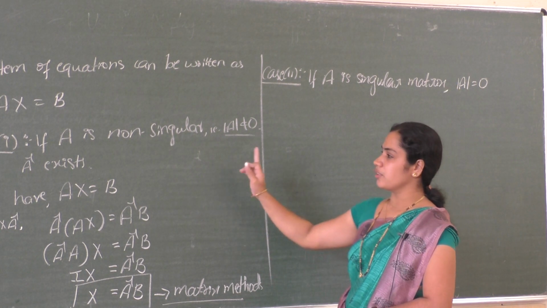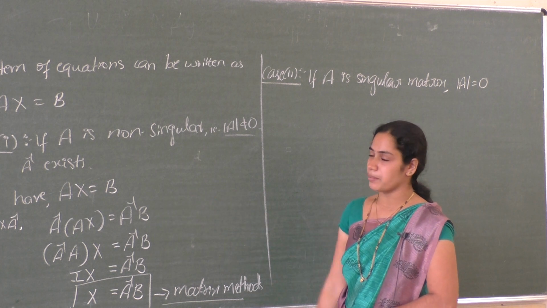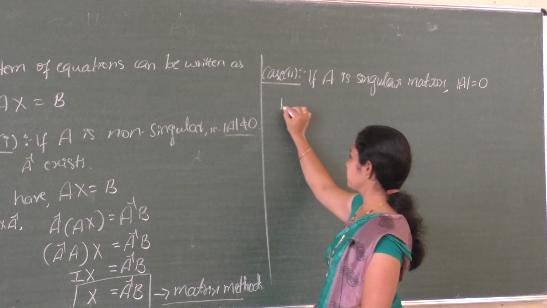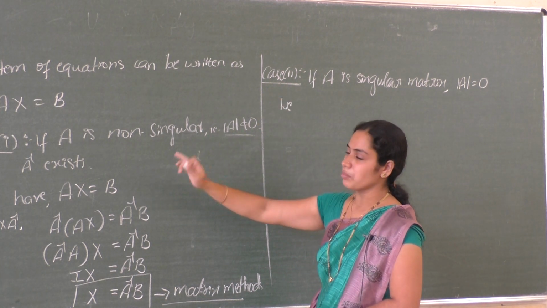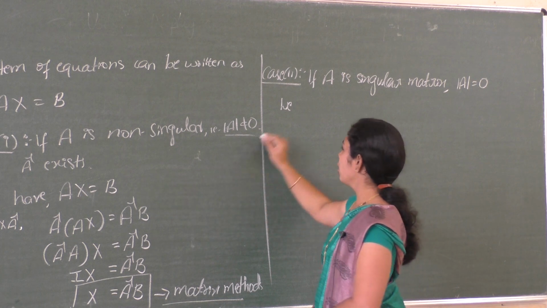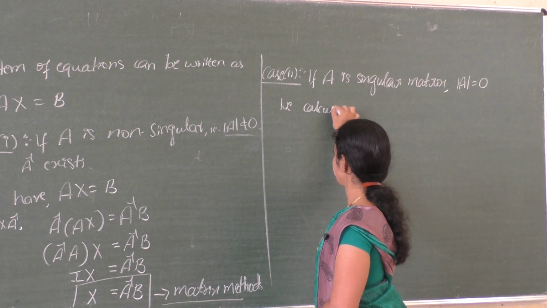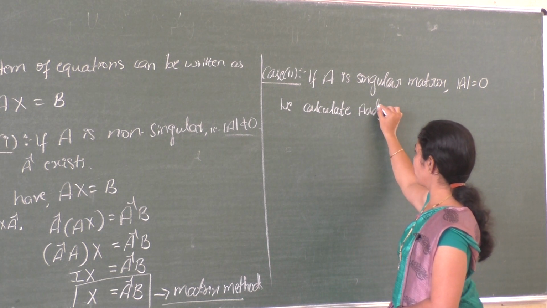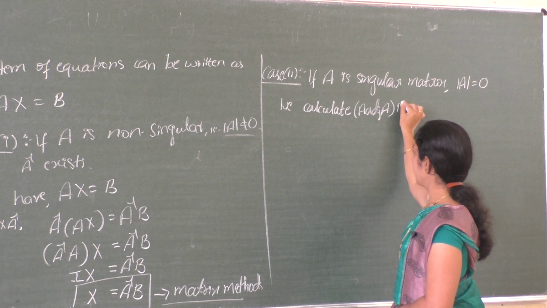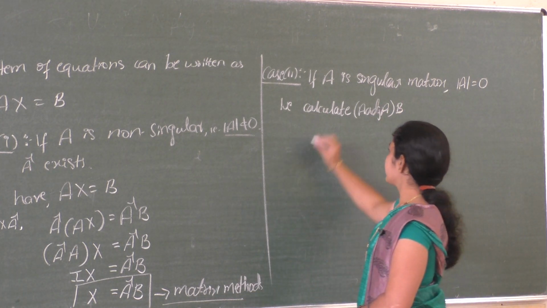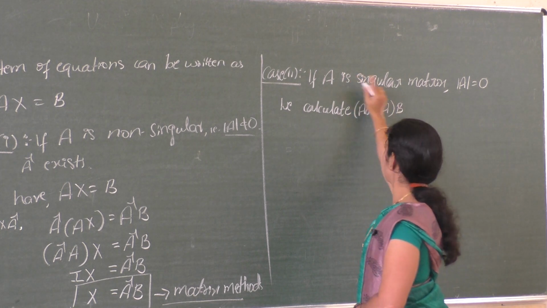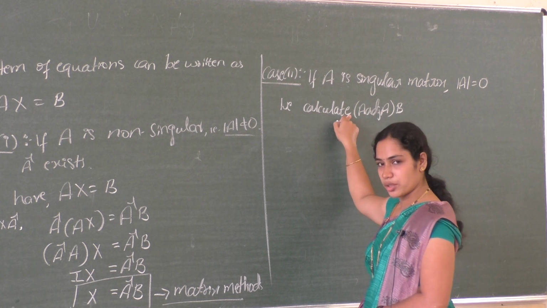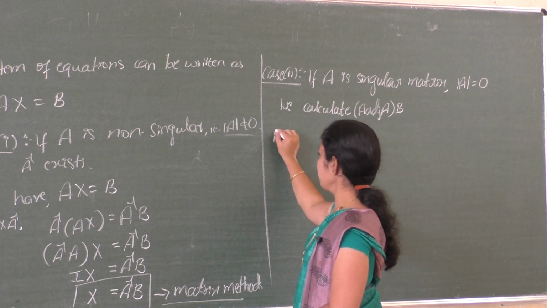In this case we cannot multiply by A inverse because A inverse does not exist. In this case, to check whether the system has a solution or no solution, we need to calculate adjoint of A into B. Suppose A is singular, that means determinant of A is 0. In that case, we need to calculate adjoint of A into B.